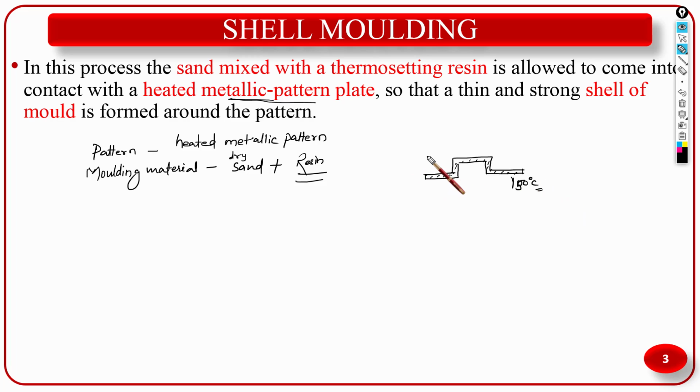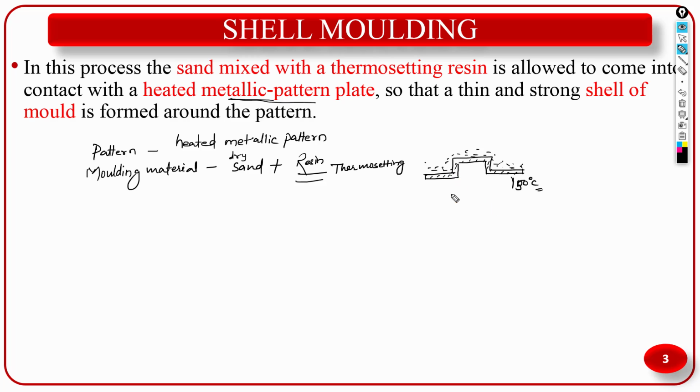After that, the dry sand and resin mixture is put over this plate. What will happen due to that? The resin will melt and mix with the dry sand, and after that it gets solidified because it is a thermosetting plastic. Once melted and solidified, it cannot be remelted again. Clear? After solidification, it becomes very hard.